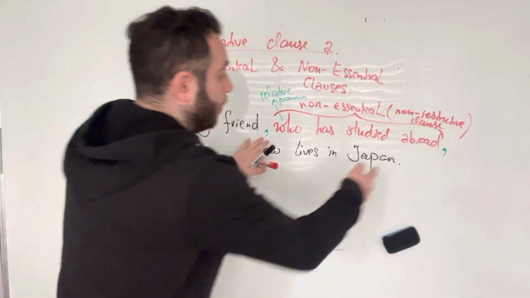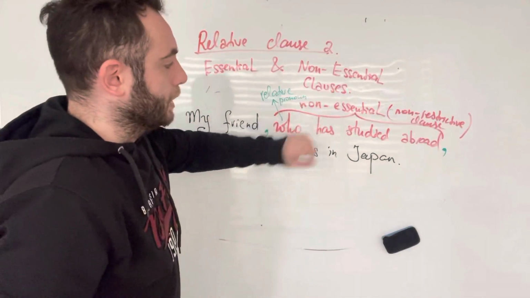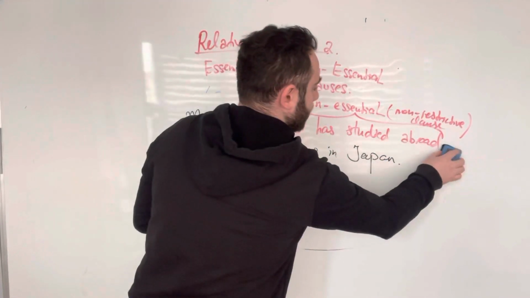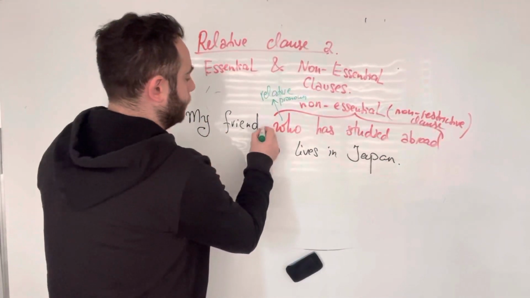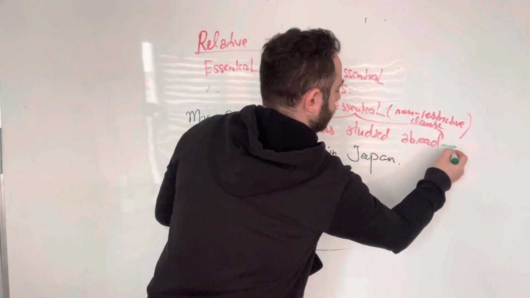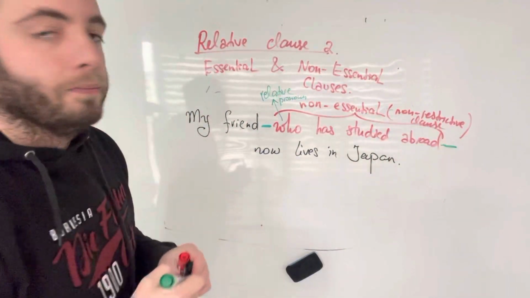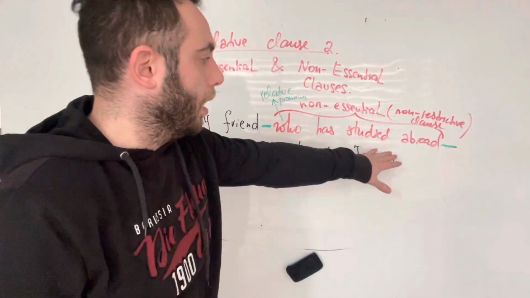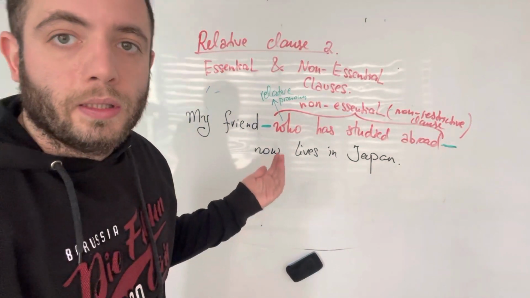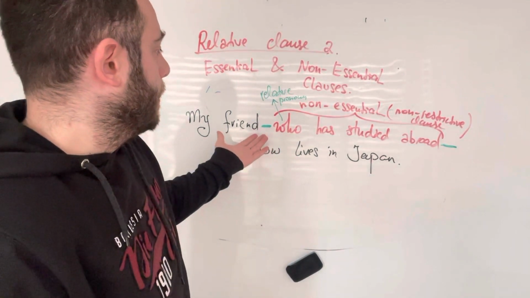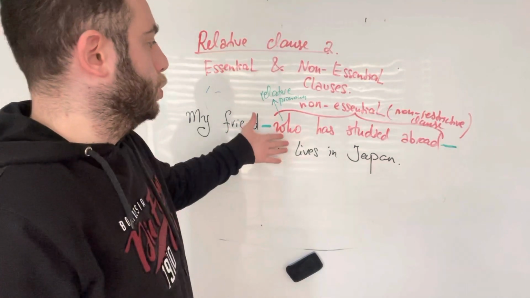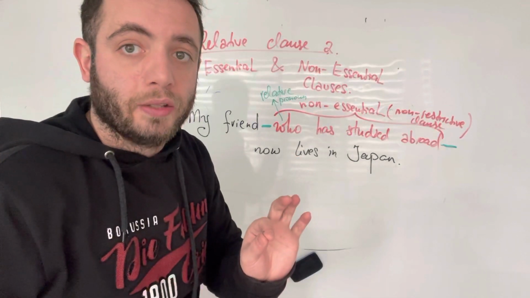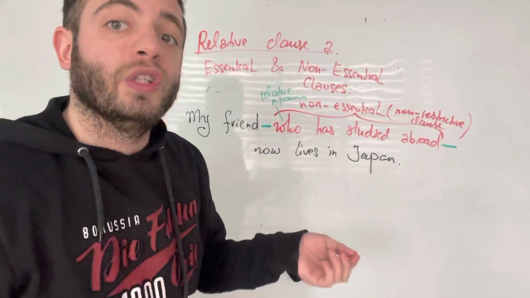Like a pair of commas, in order to show that this is a non-essential clause, we can also write a pair of dashes. This pair of punctuation marks means the same thing, and you are free in choosing which pair you write. But the important notation is that whatever you begin with, you have to finish with the same thing.